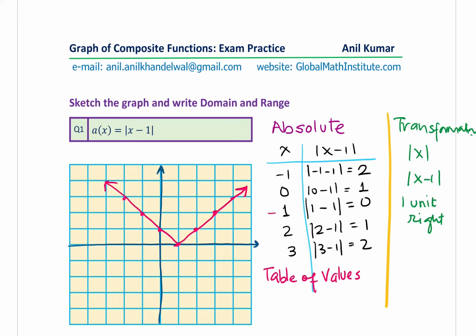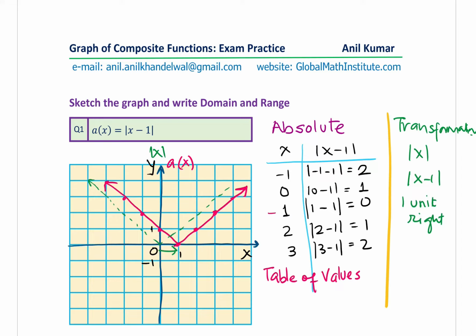So absolute x would have been a function kind of like this. That was the graph for absolute x. And then when you translate this by 1 unit to the right, all the points, what you get is the function we are calling a(x). Is that clear to you? So that is how you will actually sketch. These are very popular methods to sketch the graph. And of course, you should be labeling your graph.